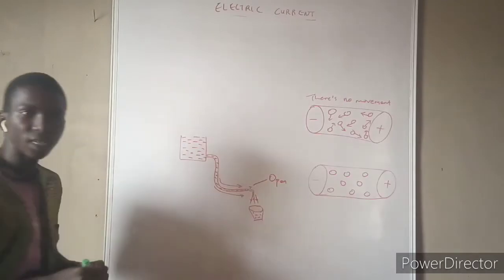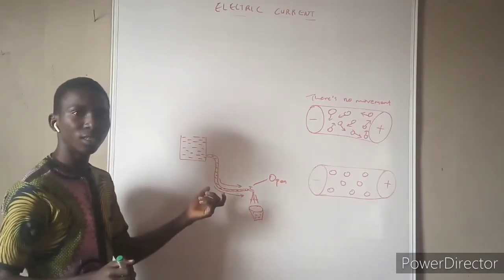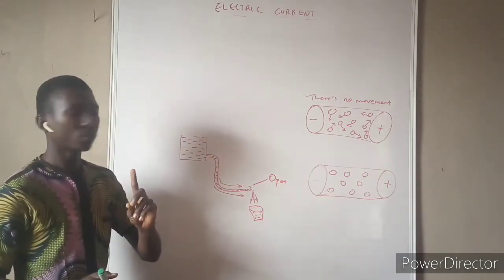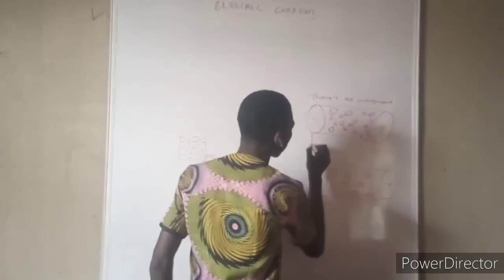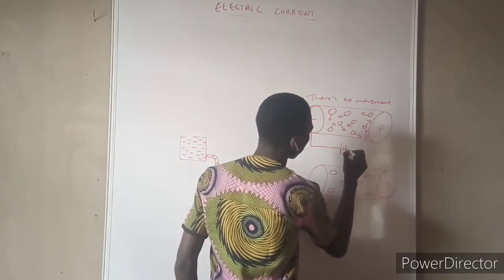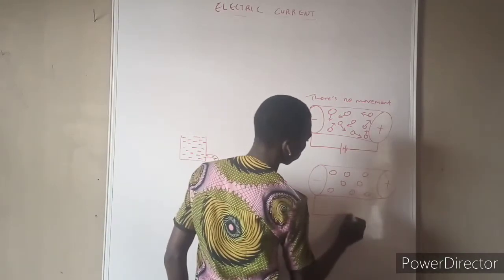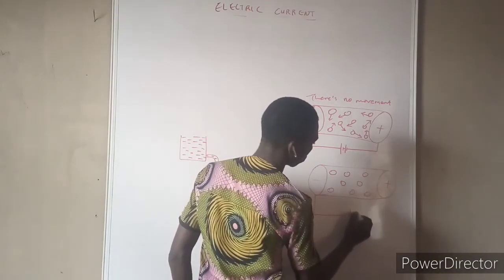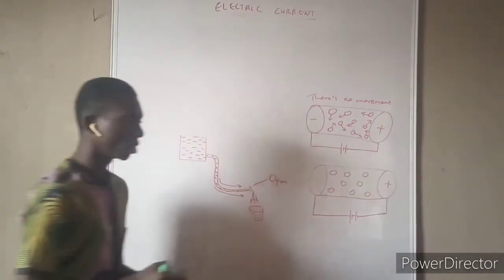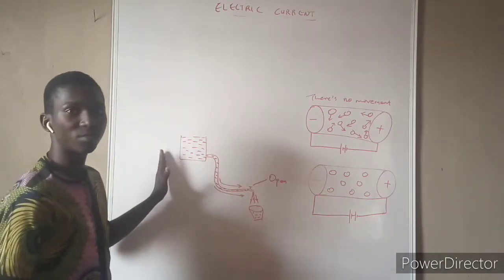In that case, this valve brought about a kind of force that makes the water flow in a single direction. I'm trying to explain the analogy between electric currents and the water system.